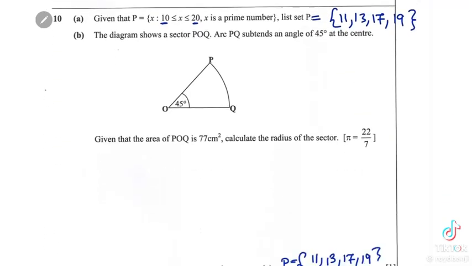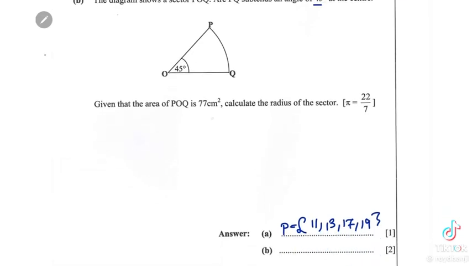Then let us look at this question. The diagram below shows a sector POQ. Arc PQ subtends an angle of 45 degrees at the center. Given that the area of POQ is 77, calculate the radius. So this is called a sector. We need to know the area of a sector. So what is the formula?